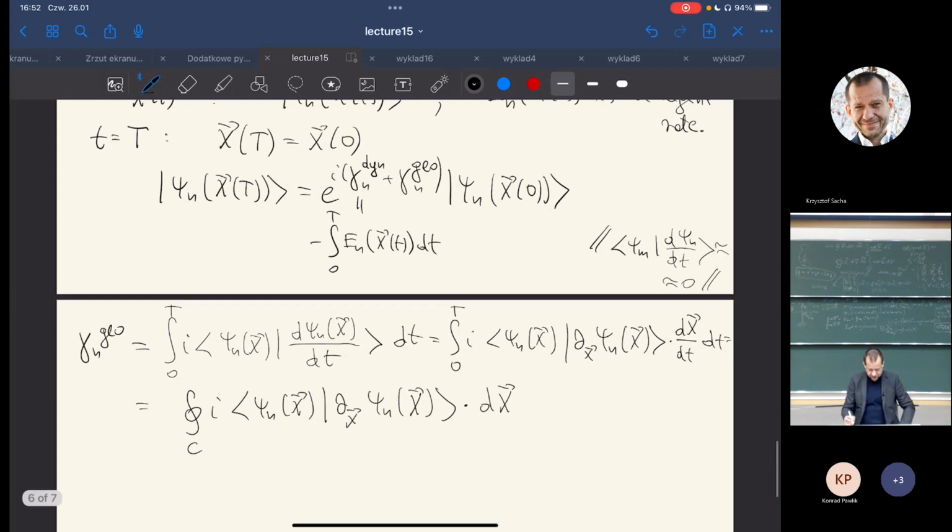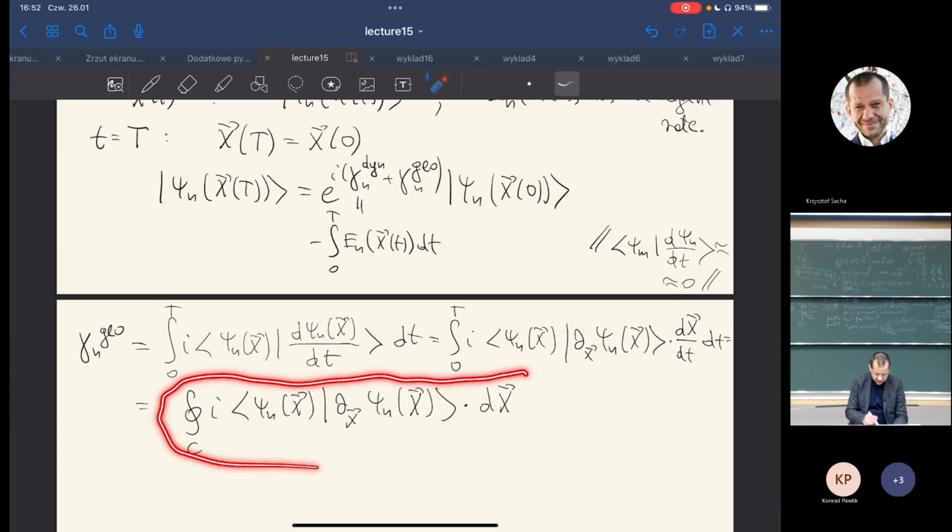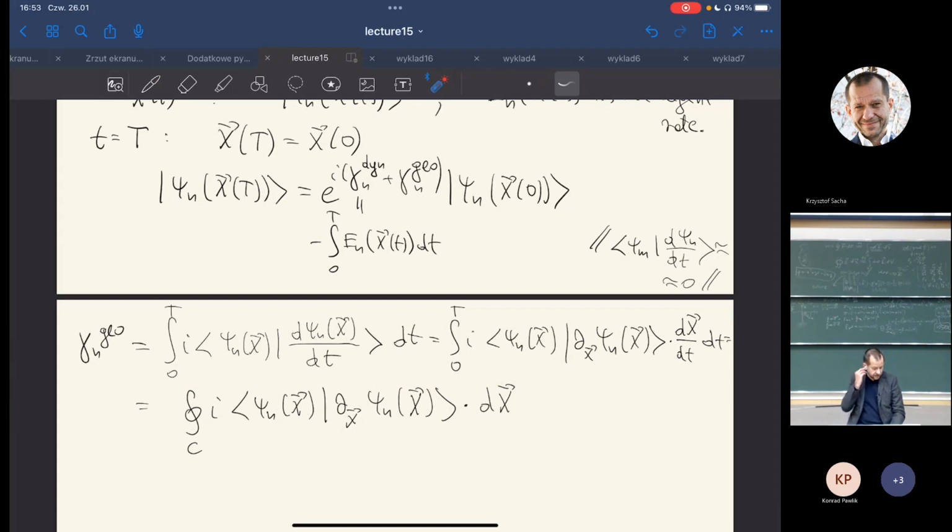And now we obtain something where there is no time. This quantity can be calculated even if there is no adiabatic evolution. This is a purely geometrical quantity.